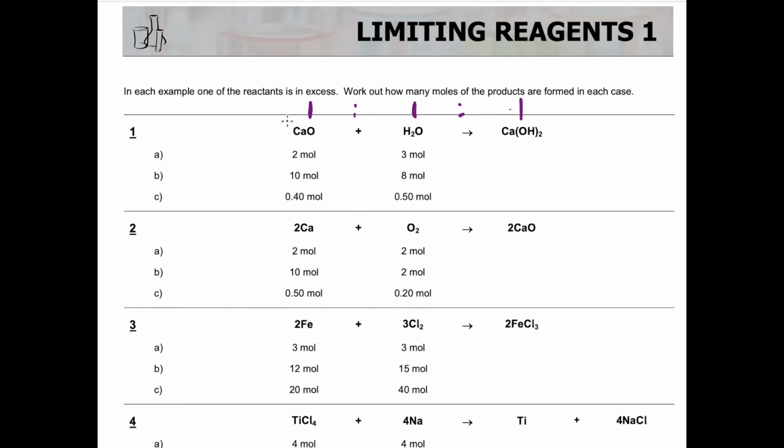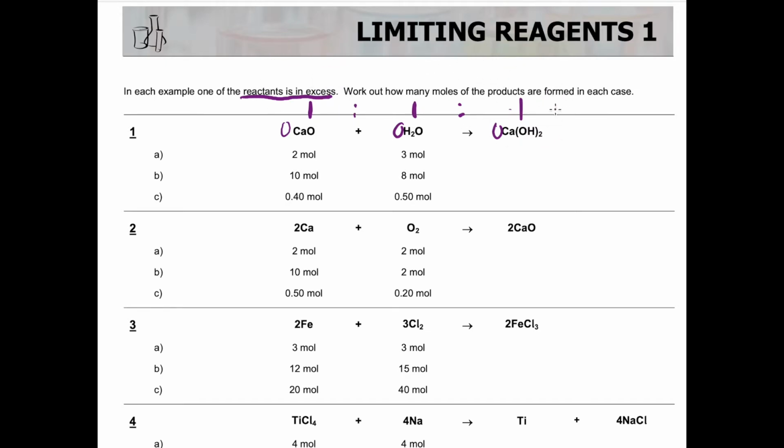In this case, because there are no numbers in front of each of the substances, that tells us it's a 1:1:1 ratio. We are being asked which of the reactants is in excess, and also to work out the number of moles of the products formed in each case. But what I want us to focus on today is just identifying which is in excess.